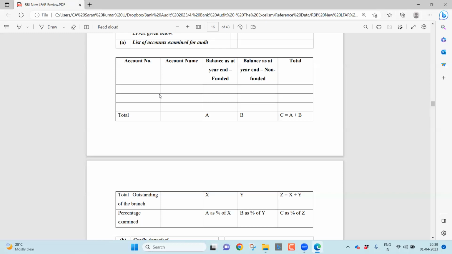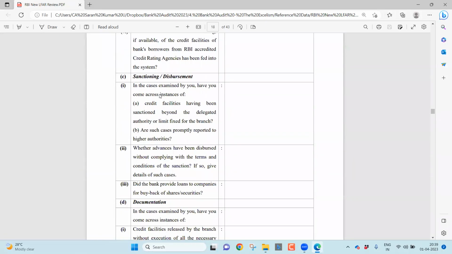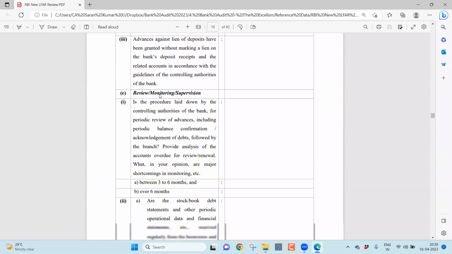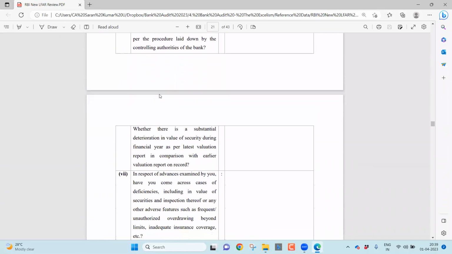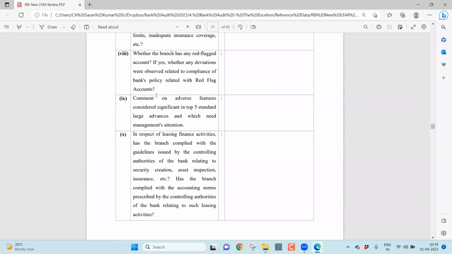Let's say your branch doesn't have a large advance. Then there is a question in the LFAR. Let me go a little down. Furthermore, comment on adverse features considered significant in top 5 standard large advances and which need management's attention.